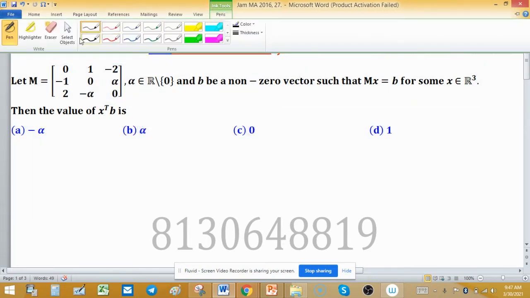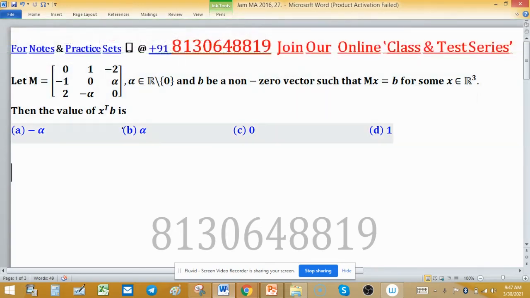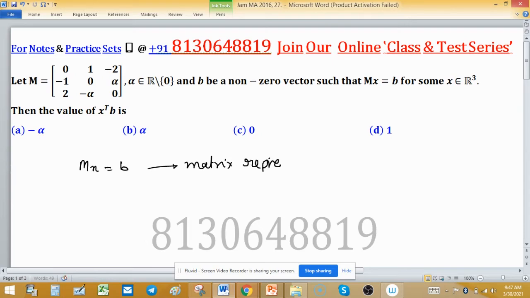As this matrix representation for a system of linear equations, this is a matrix representation Mx equal to b, matrix representation of linear system or system of linear equations.